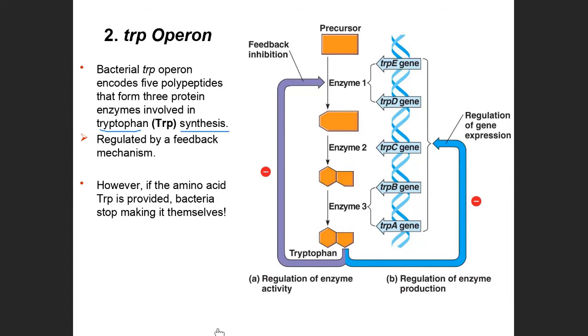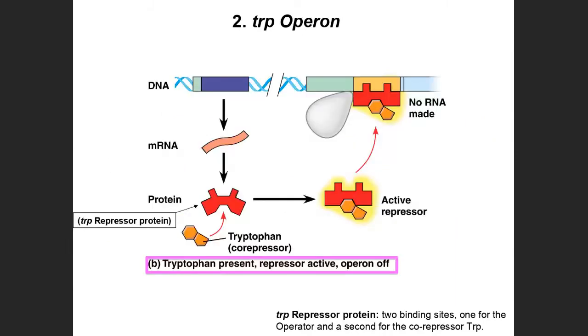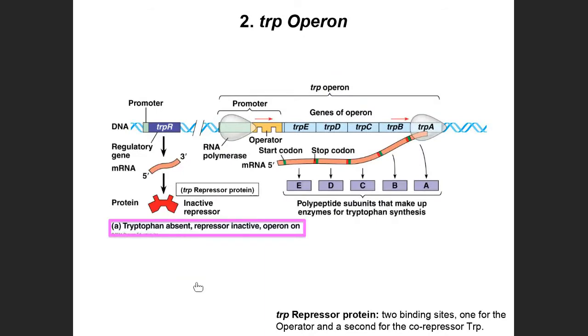And where it says tryptophan is absent or tryptophan is present, what they're referring to is whether there's an excess. But going into the test, you can think of it as present or absent. Technically speaking, they're referring to whether there is too much tryptophan present or not enough present.